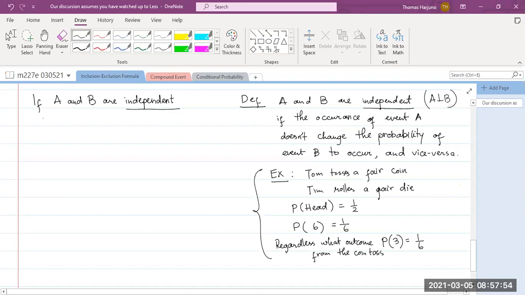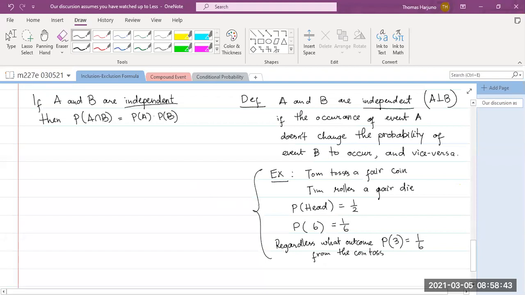Now, if event A and B are independent, then probability of A and B is equal to probability of A times probability of B. If two events are independent, then the probability of those two events to happen at the same time is the product of the probability of each event to happen.